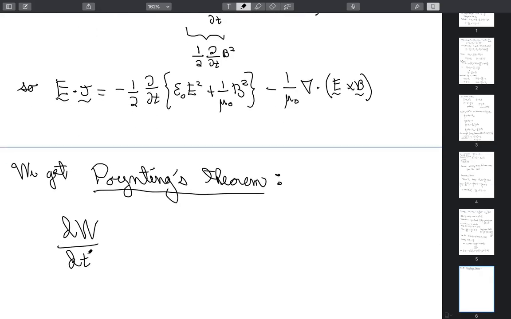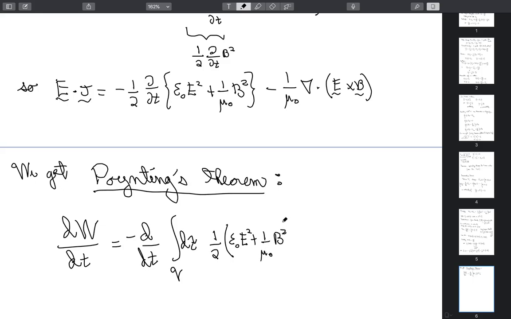The differential amount of work is equal to minus the time derivative of the integral over your whole volume of a quantity 1/2 epsilon 0 E squared plus 1 over mu 0 B squared.